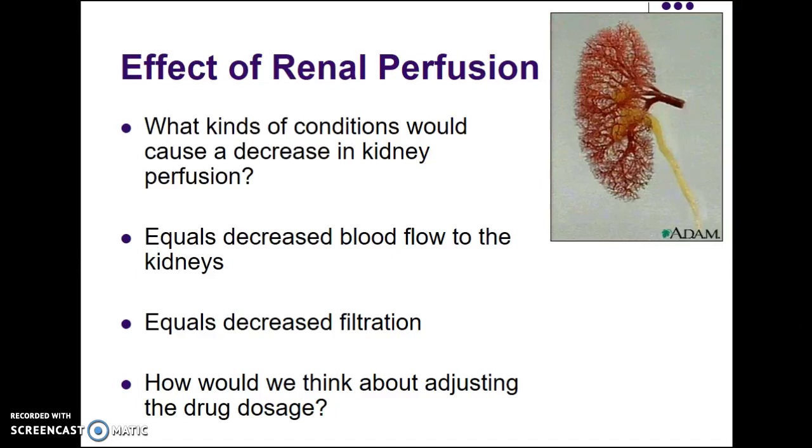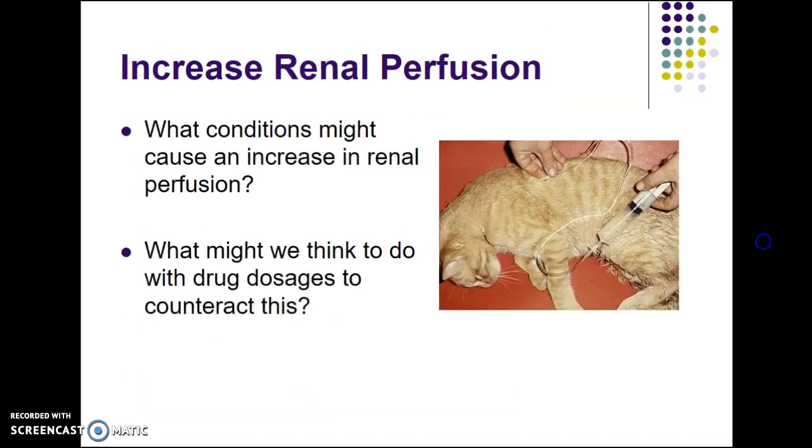So if we have anything causing that decrease of kidney perfusion, we want to think about decreasing the amount of drugs that we're going to be giving the animal until we can get this situation to be more normal, simply because more of that drug is going to be staying in the system and less will be filtered out.